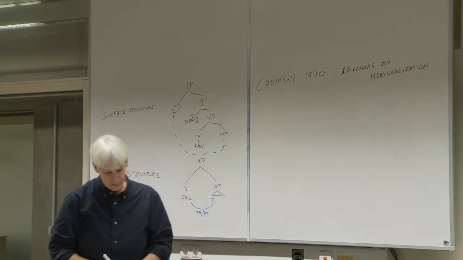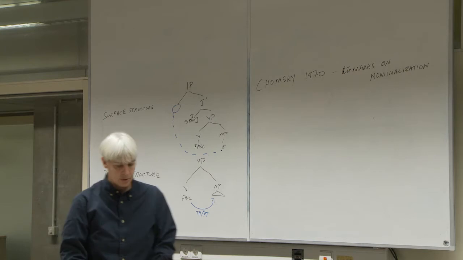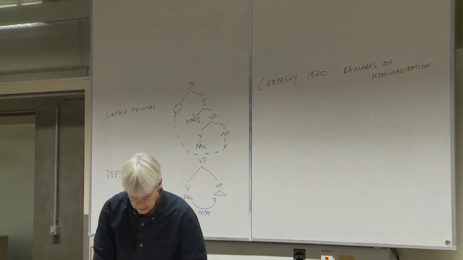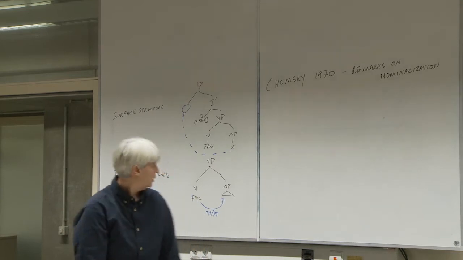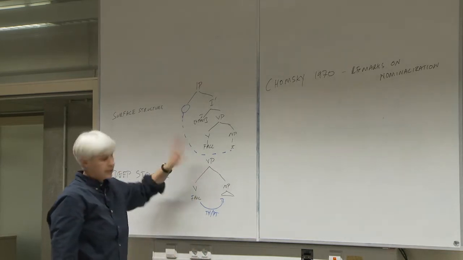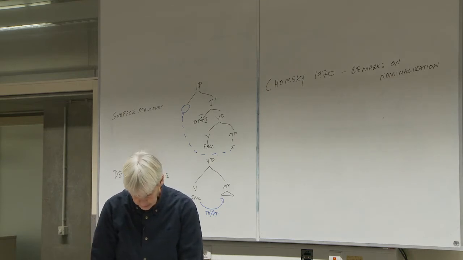So I went and read it. It's quite good. What he showed in this paper is what LFG then took to decide that one didn't want to do things in terms of trees. One really wanted to have a separate level of argument structure.